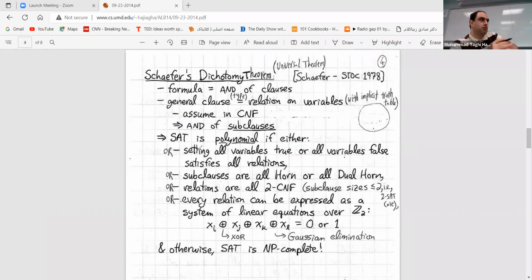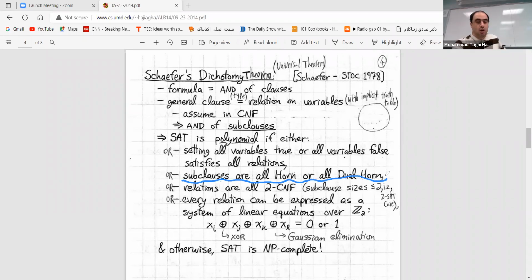You should try all true or all false, and if it satisfies, then we are done. Or these subclauses are all Horn or all dual Horn. As we mentioned, Horn and dual Horn are the easy cases.